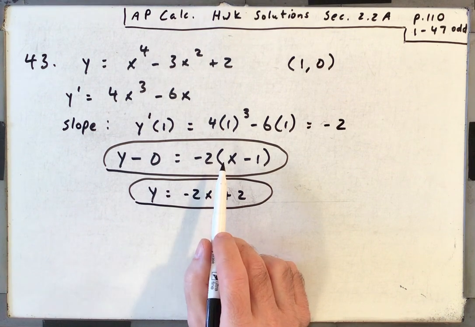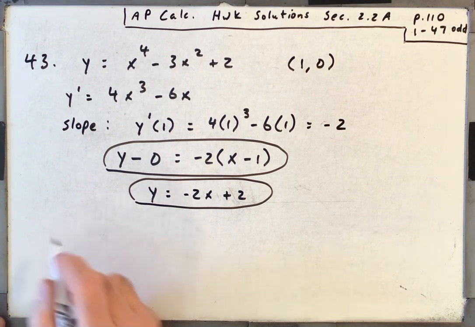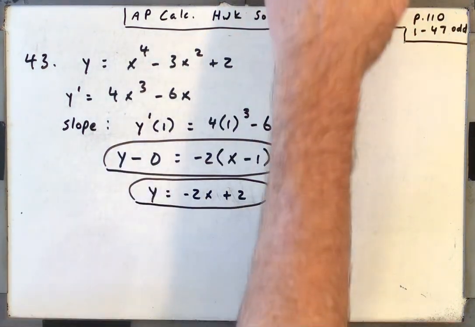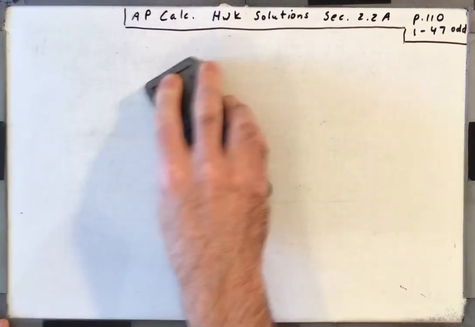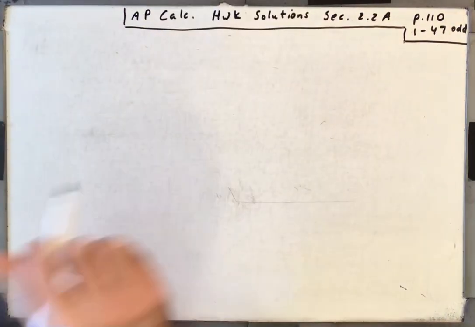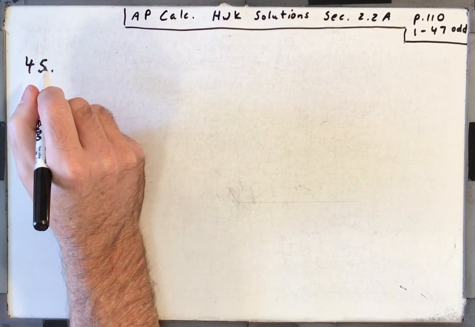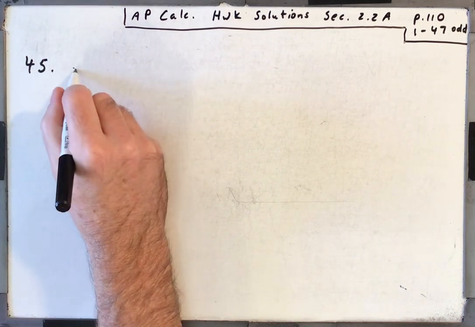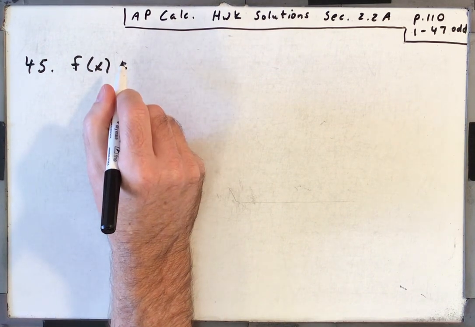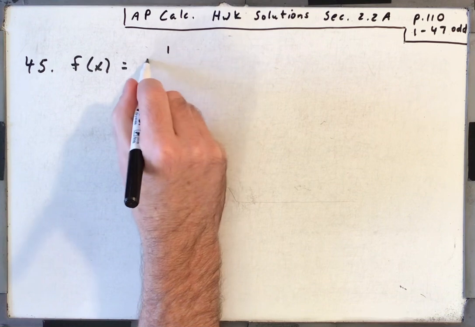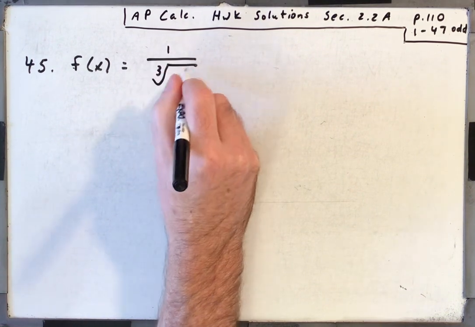All right, so let's do number 45. I don't know if I'll fit this in or not, so I'm going to erase. Okay, we have f of x is equal to 1 over the cube root of x squared.